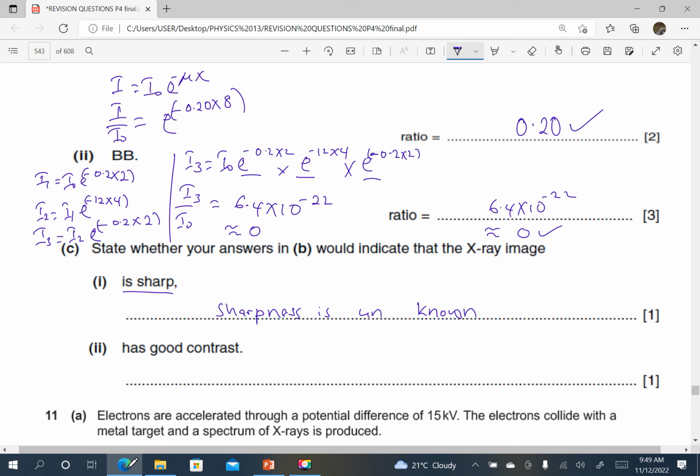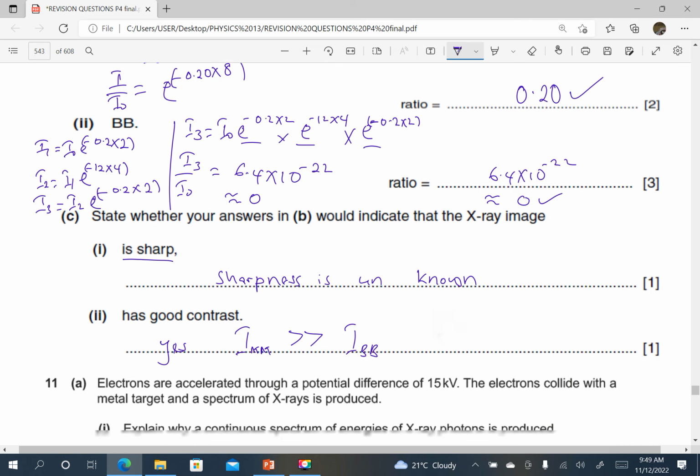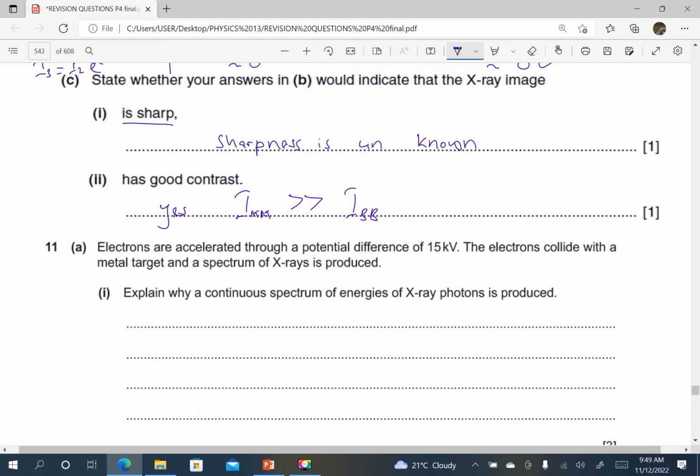If you want to give a reason, you notice that I through MM is much greater than I through BB. So there is very good contrast.